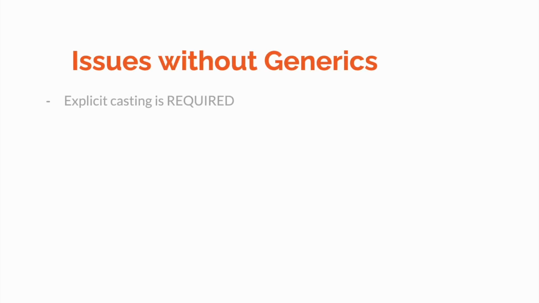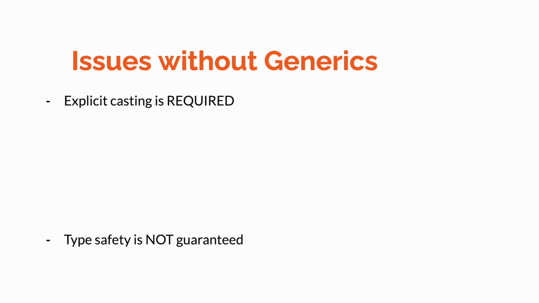First of all, if we write the code without generics, explicit casting is required. And secondly, type safety without generics is not guaranteed. So let's rewrite the code with generics, and we will see how generics solve these issues.